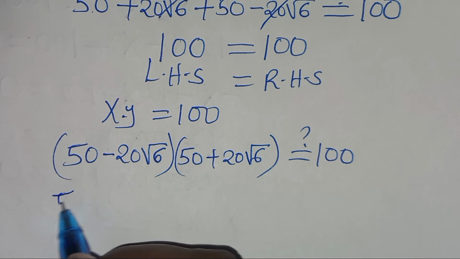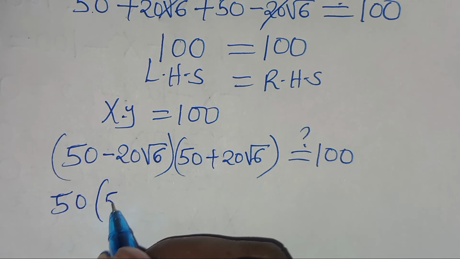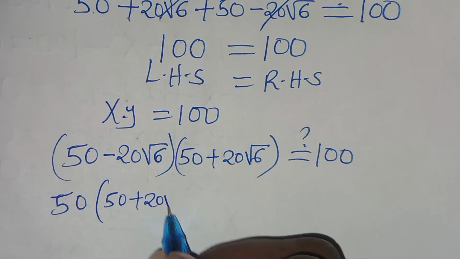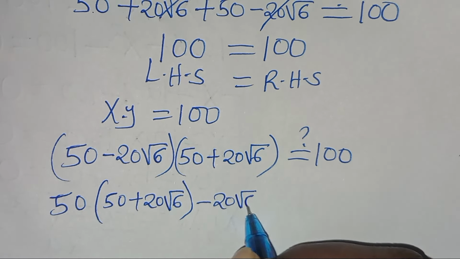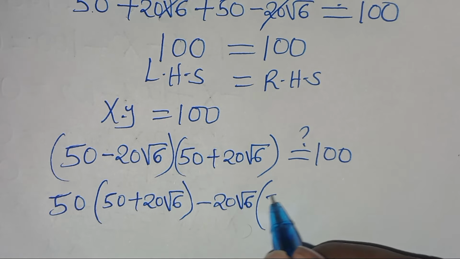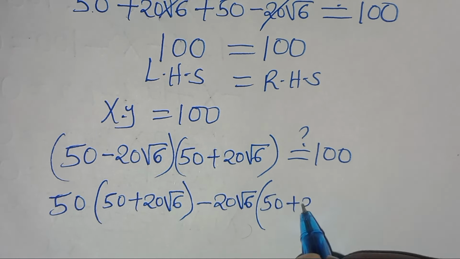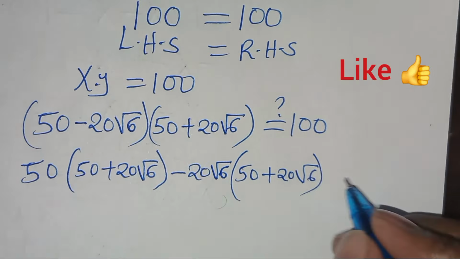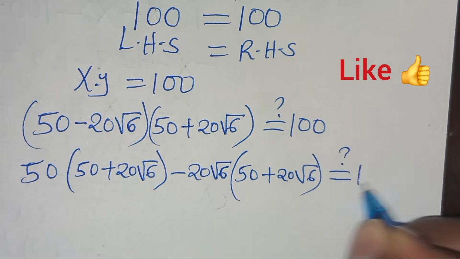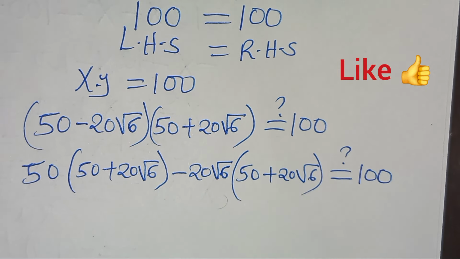So we have 50 times 50 plus 20 square root of 6, then subtract 20 square root of 6 multiplied by 50 plus 20 square root of 6, and this should give us a value of 100.